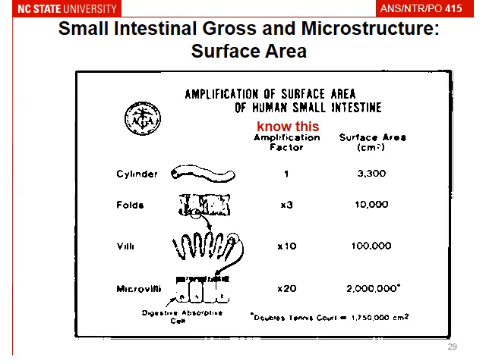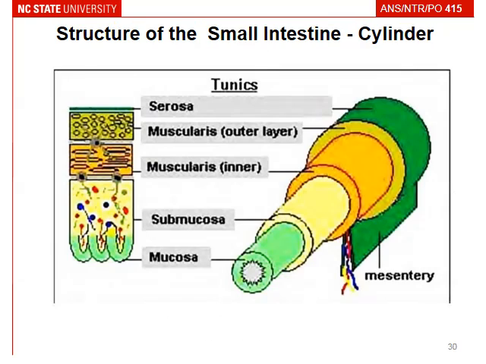That ends up increasing the surface area by 20 times. I really want you to, you don't have to tell me the centimeters of the surface area for the human, but I do want you to be able to tell me the amplification factor of the different levels.